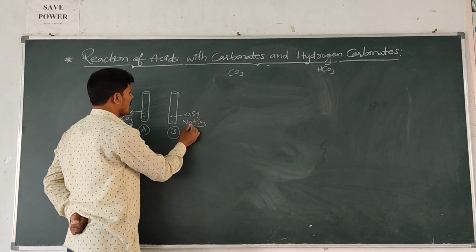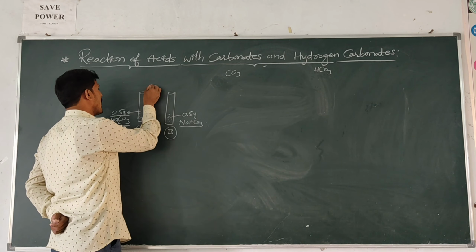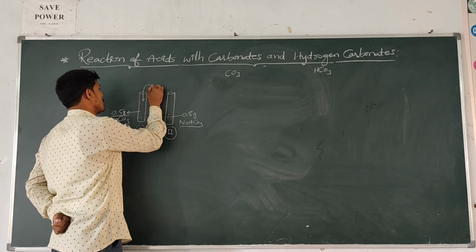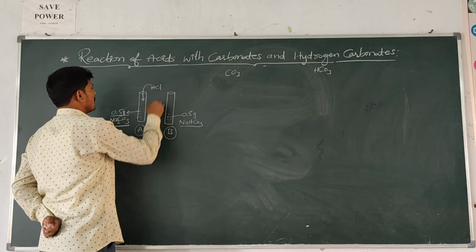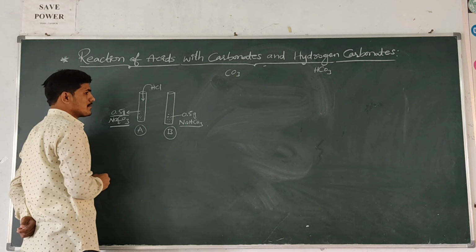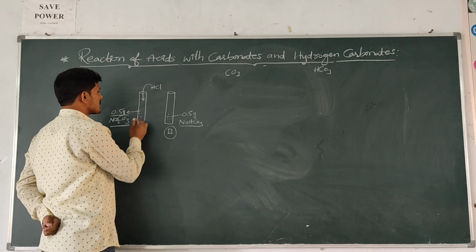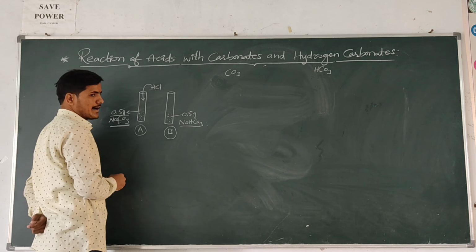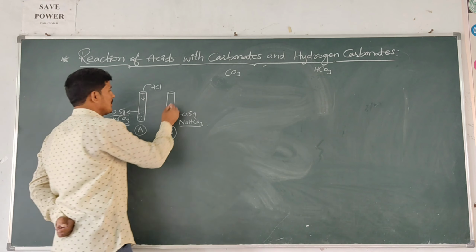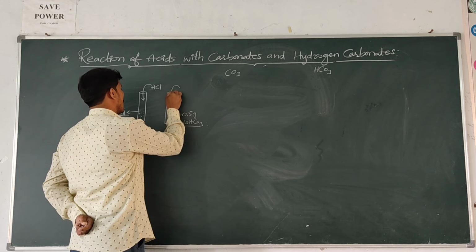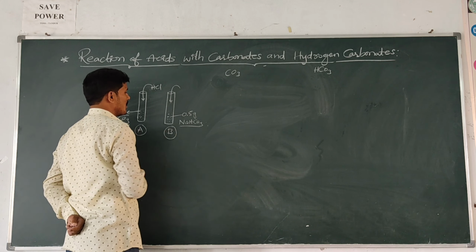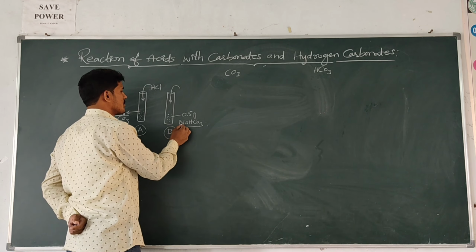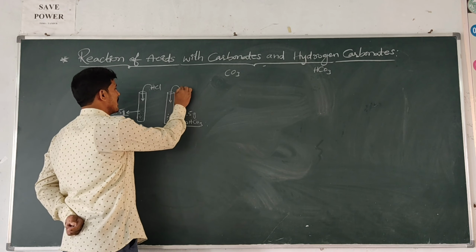Add 2 ml of HCl into the first test tube, A. The reaction takes place between the sodium carbonate and hydrochloric acid. Add 2 ml of hydrochloric acid into the second test tube. The reaction takes place between the sodium hydrogen carbonate and HCl.